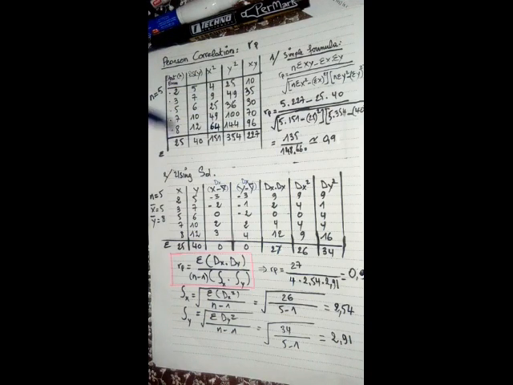You need to find the sum of each of them. The sum of X, the sum of Y, sum of X squared, sum of Y squared, and the sum of X multiplied by Y. So the first sum is 25.